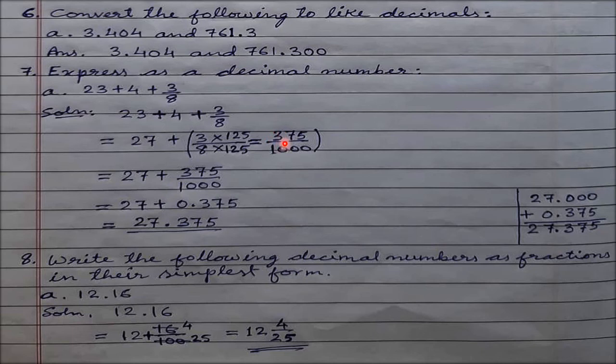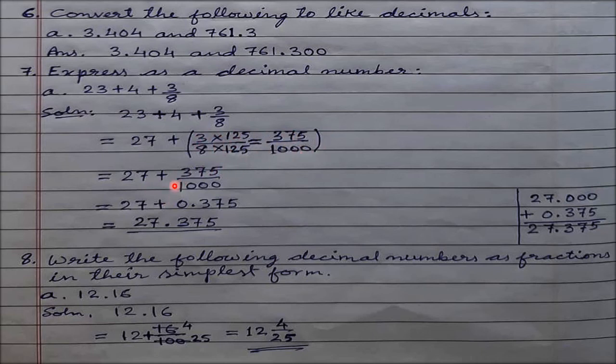We get 375. So 375 by 1000. That means now 27 plus 375 by 1000. The value of the fraction became 375 by 1000.